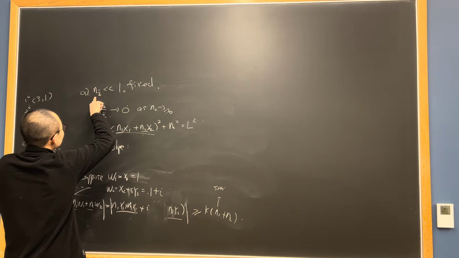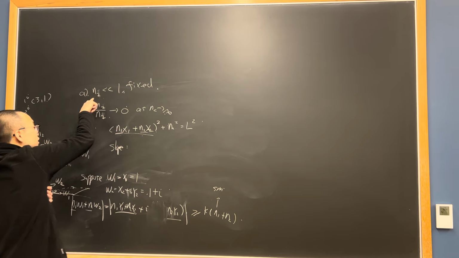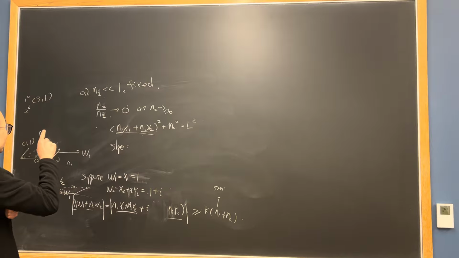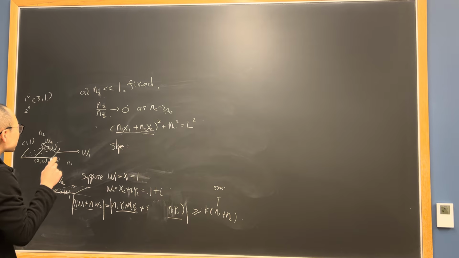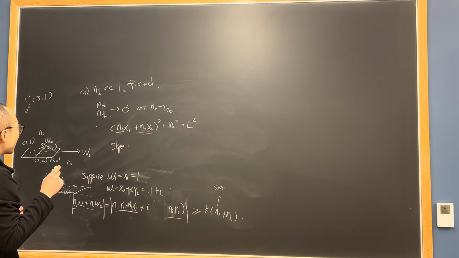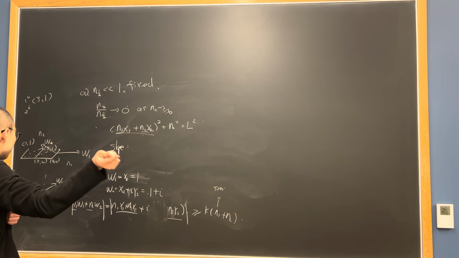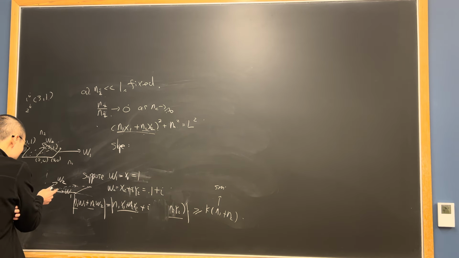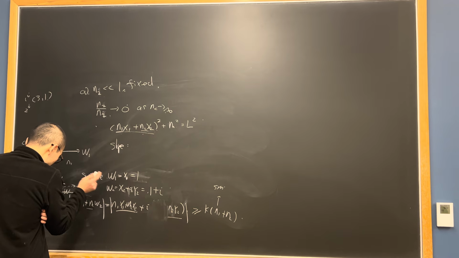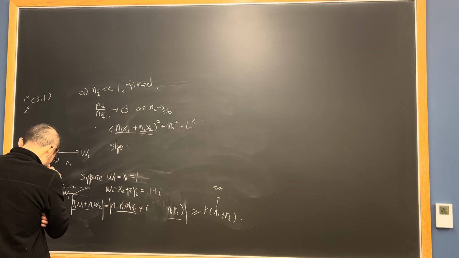What I mean is, choose any very small n2, fixed, and then I let n1 grow.